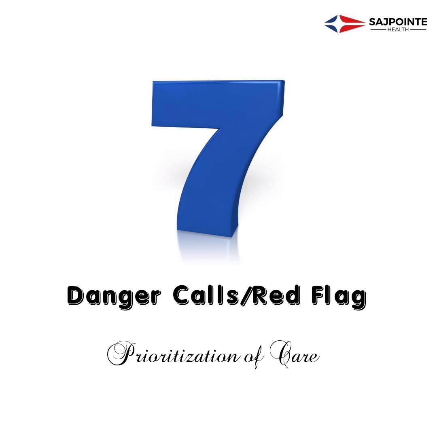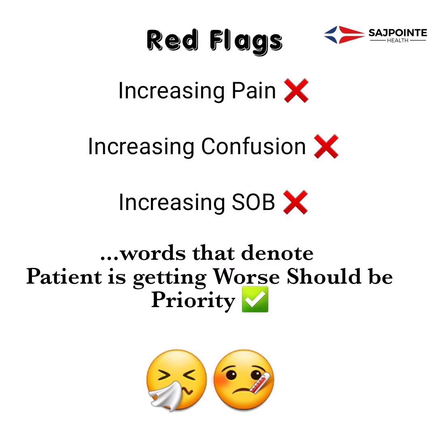All right, when you see an option and it says something like increasing, maybe increasing pain, increasing confusion, increasing shortness of breath, you just know, okay, there's something going on there. I have to prioritize this particular care for this patient. I have to prioritize this patient amongst others. Danger calls, red flags, that's what I like to call them.